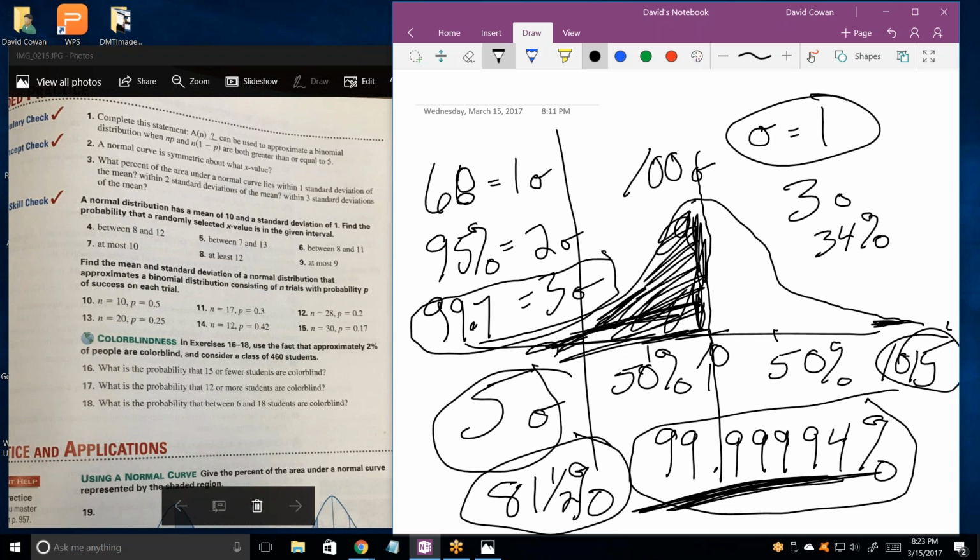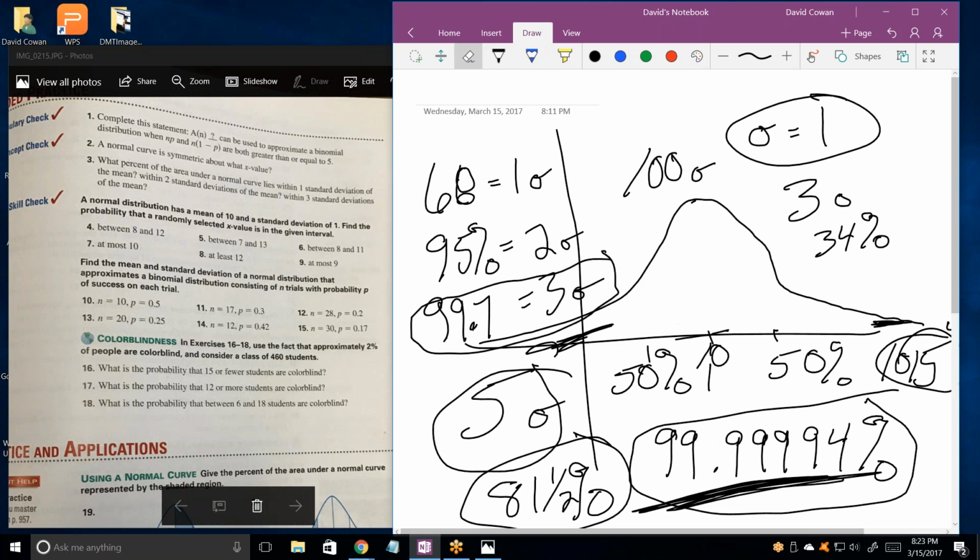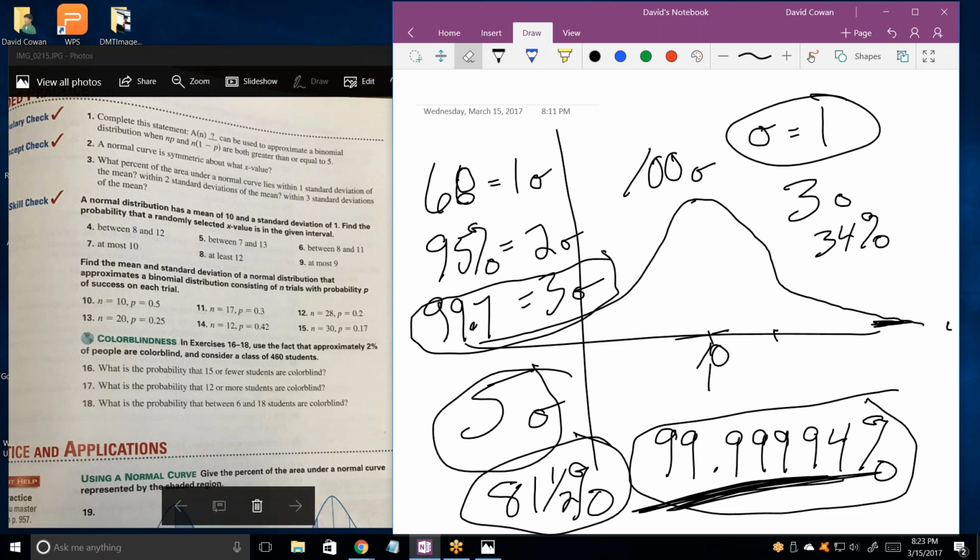At least 12. Let's figure out what area they're talking about when they say at least 12. That's talking about the right side. If I put 12 on there, that's a standard deviation of 2. So let's figure out first what that area is.